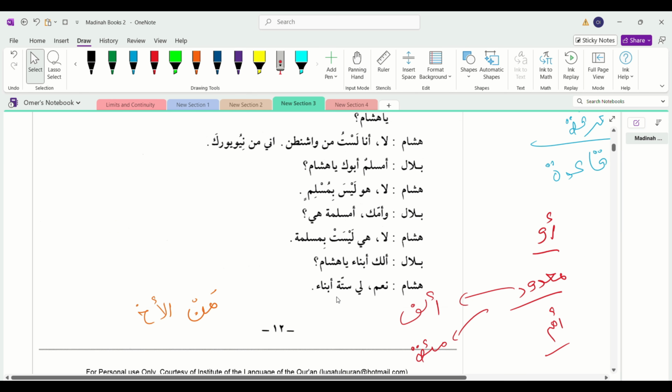Biladun wa ummuka أمسلمة هي, and your mother, is she a Muslim? هشام لا هي ليست بمسلمة. No, she is not a Muslim. And like I told you guys previously, whenever we are studying any language, be it Arabic or any other language, we cannot always translate everything, as there's not an exact 100% translation in the target language.